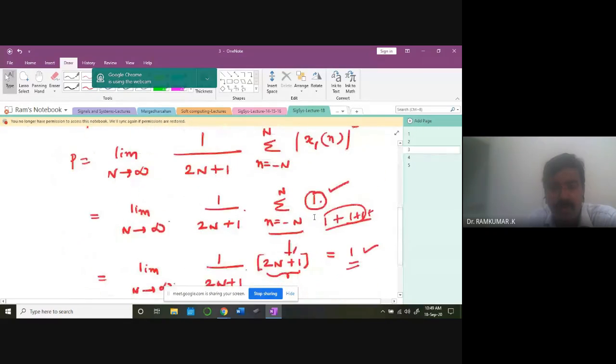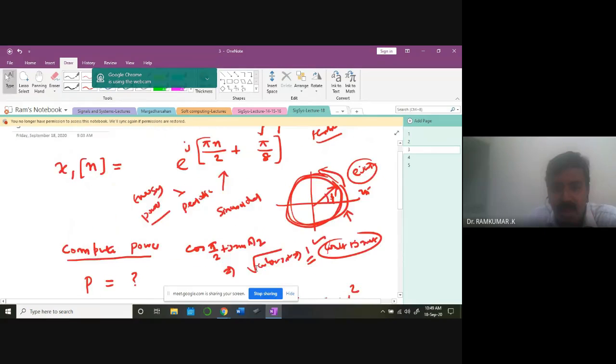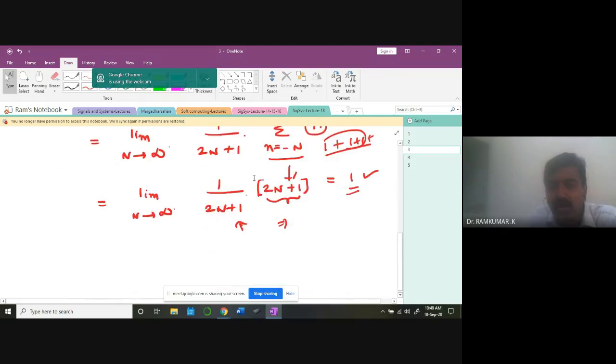Is it all right? Anybody having difficulty in understanding this one? Have you understood this clearly? So you plug in values for e power j pi n by 2, for example. n equal to 0, value is 1, cos 0 is 1. n equal to 1, 1. For n equal to 2, you will get these values. So all the values are 1.